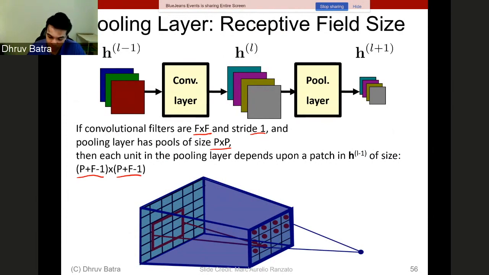For people who have taken signal processing classes, this P plus F minus 1 expression comes from the support of two filters that are convolved with each other, and it gets additively added as the region. So very quickly, as you go deeper into these neural networks, you get receptive fields that are large enough to be the size of the entire image. The entire image plays a role in the computation of a particular pixel at a layer.